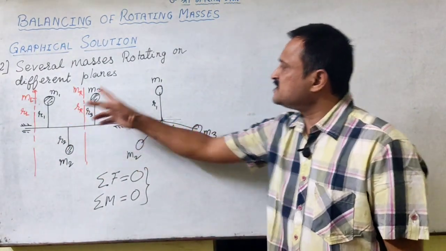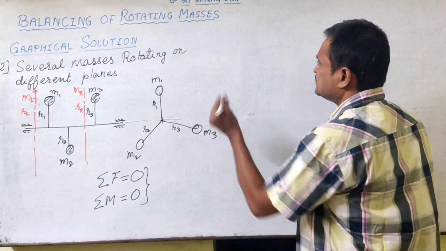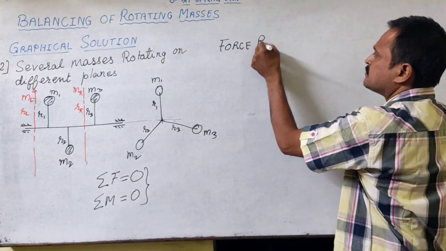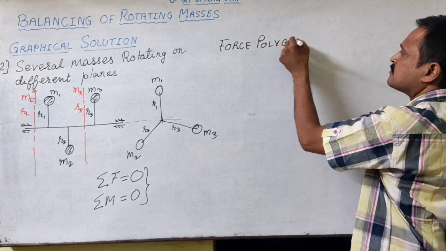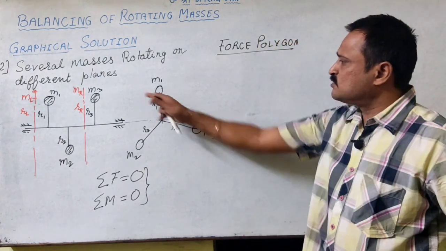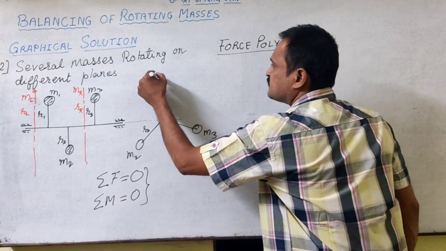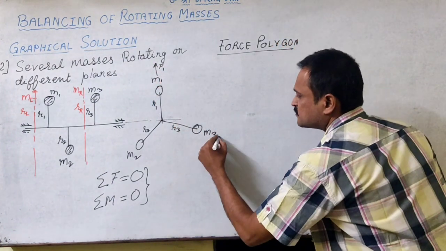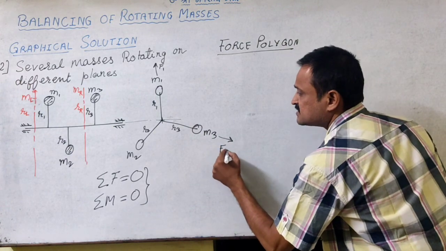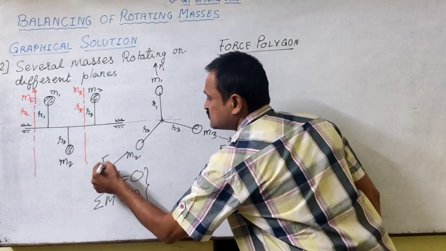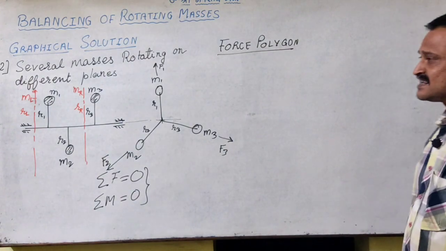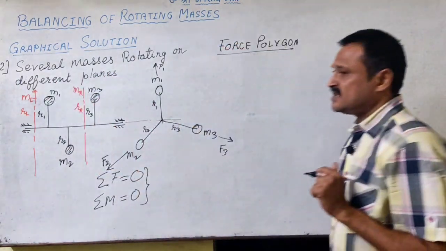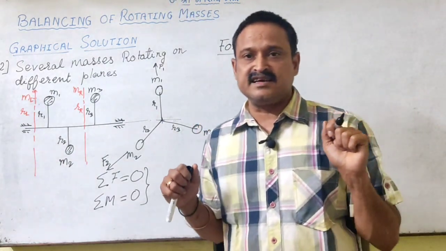So now if I first go for, let us say, the force polygon, now if I want to go for the force, so the force due to M1 will be acting in this direction, the force due to M3 will be acting in this direction, and the force due to M2 is going to act in this direction. As well as the forces MR and ML, they are also going to act radially outward.